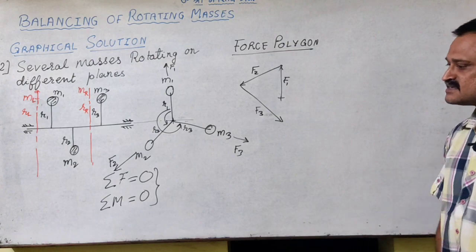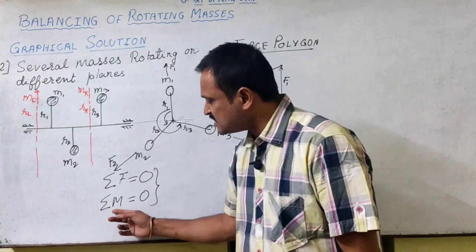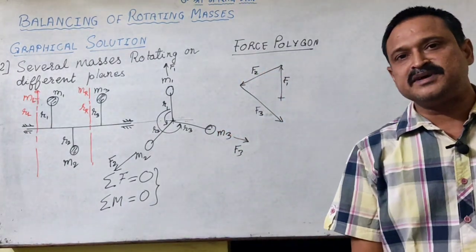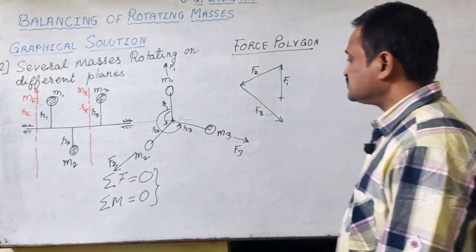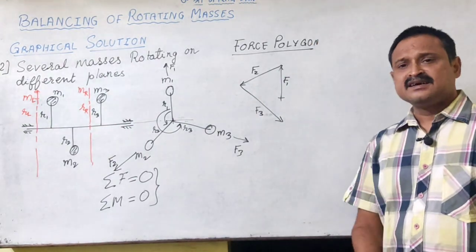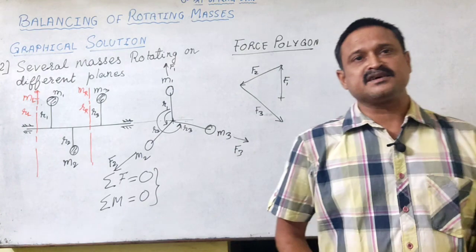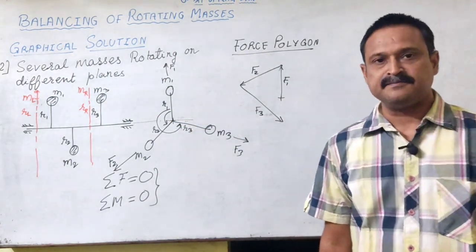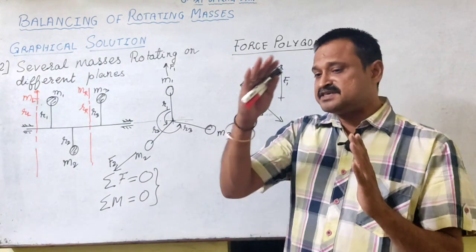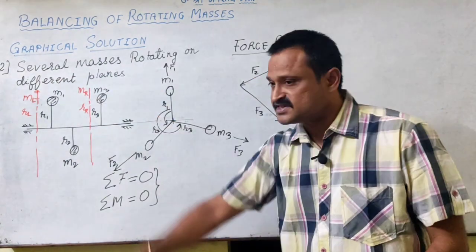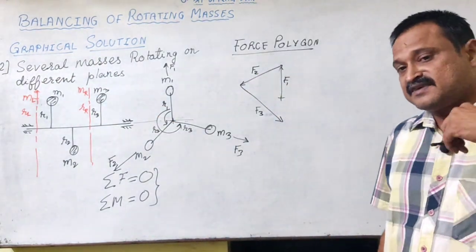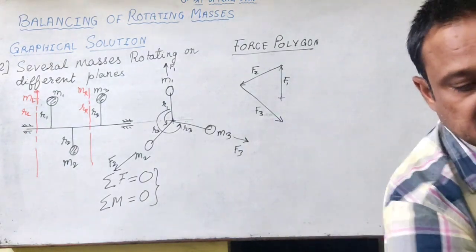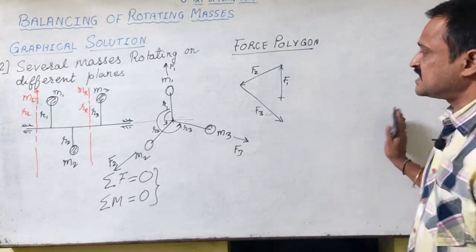So in that case as well, we know that the sum of the moments also must be 0. Now then, that means to determine the moment due to all these forces, I need to select a reference plane, right, about which the moment of these forces can be calculated, and the vector for the moment due to these forces can be drawn.